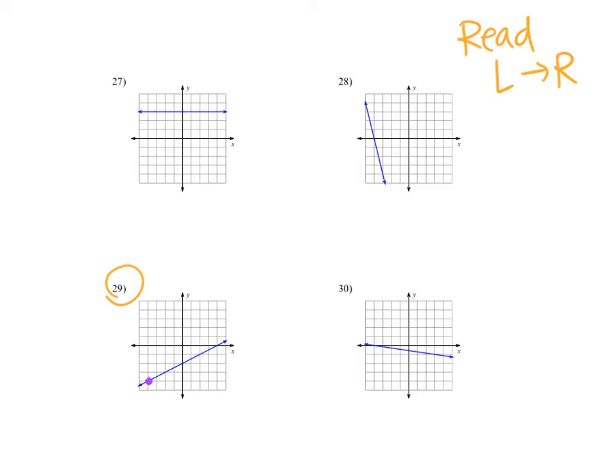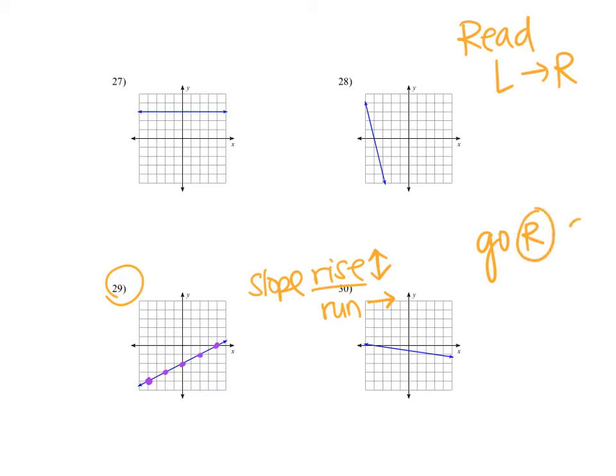So there's one there, there's one there, there's one there. And I'm starting to see a pattern. So my slope is always rise over run. And my rise goes up and down, and my run goes to the right, because go right, and you'll always be right.